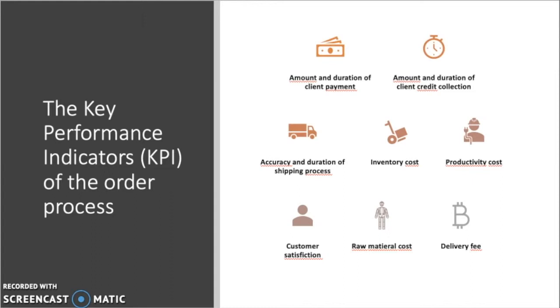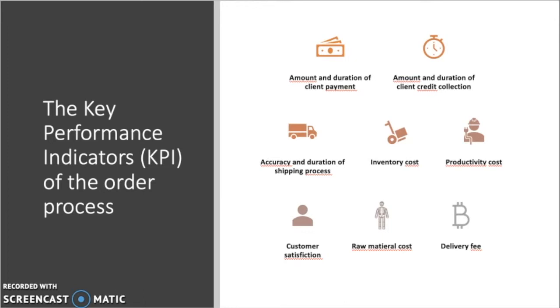And then it's inventory costs. Does the team in charge of the inventory increase the level of inventory or decrease the inventory level? All the costs will be evaluated to know if this team is doing a good job or not.